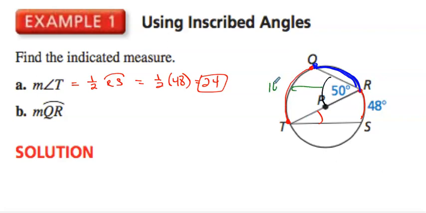So this is going to equal 100 degrees. The angle is half the arc, so that means the arc is twice the angle, going the opposite way around. TR is the diameter, because it goes through the center there. So if this whole thing is 180, then this is 100, and that means this is 80, and that would finish the arc of 180 degrees. So QR is 80 degrees.